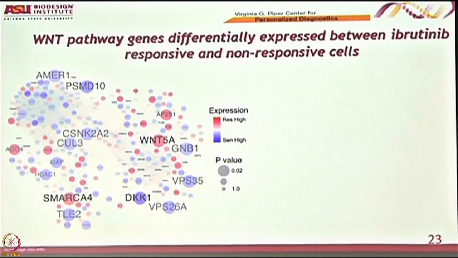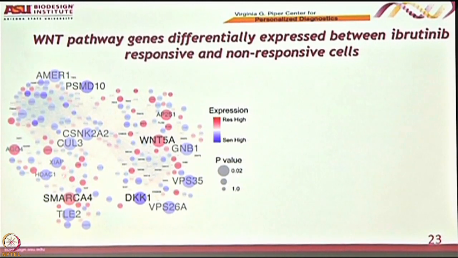This is a diagram of gene expression that shows a difference between sensitive versus resistant. So red means it drives resistance, and blue means it drives sensitivity. And the bigger the dot, the more the effect, or actually, the more the p-value, I should say.